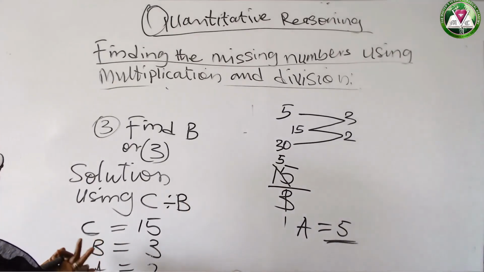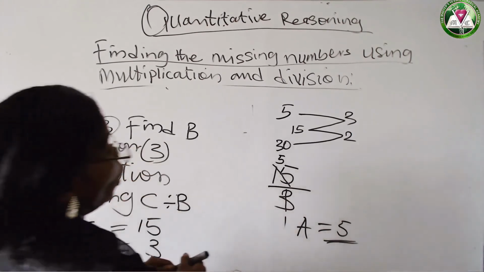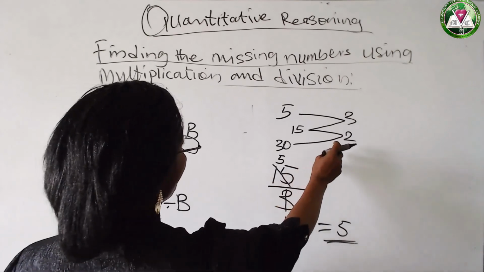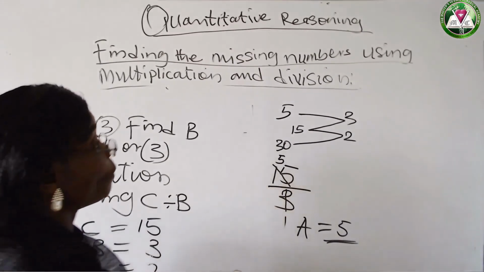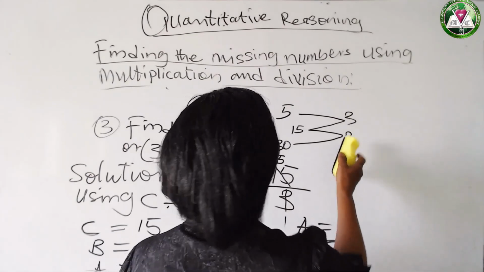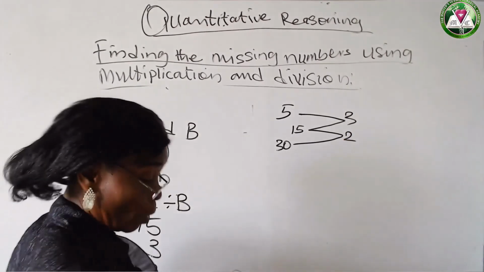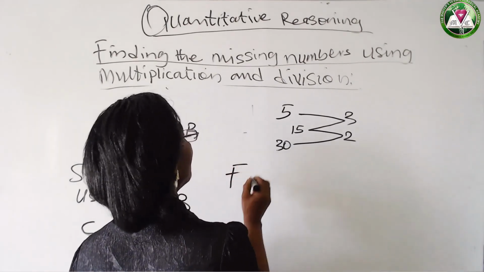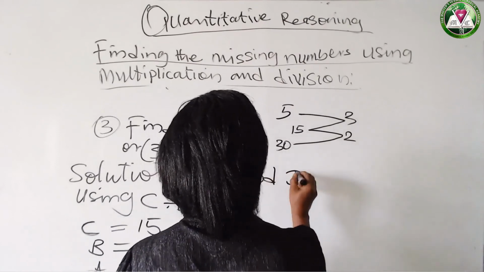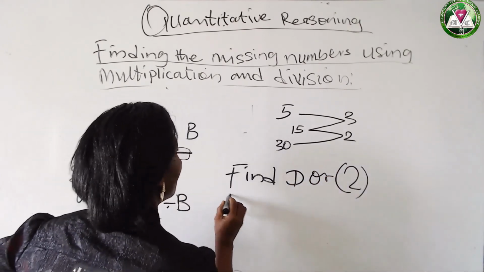So we have gotten A, we have gotten B, and we have also gotten D. So let's look for D and C. Let's look for how to get D. Find D or 2. Solution.